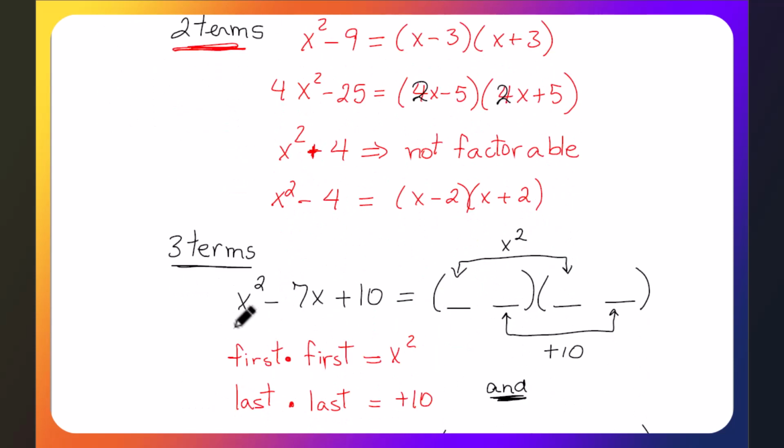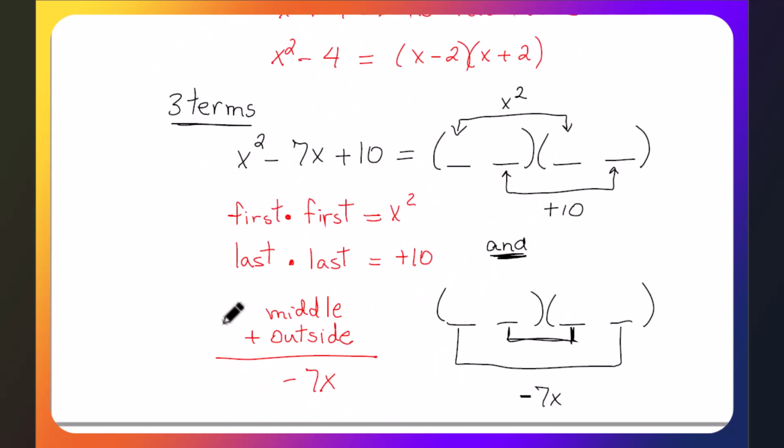Next, do I have three terms? And that's where the hard part comes in. I've got three terms. There's no variables or numbers in common. When I factor it, I am looking for four things to fill in. The first times the first has got to give you x squared.